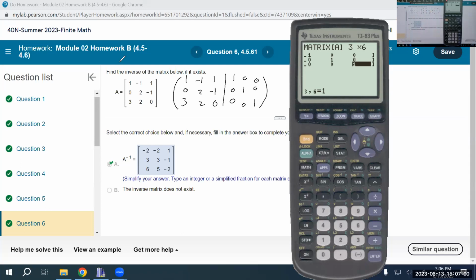If it row reduces, this will give me the inverse matrix.